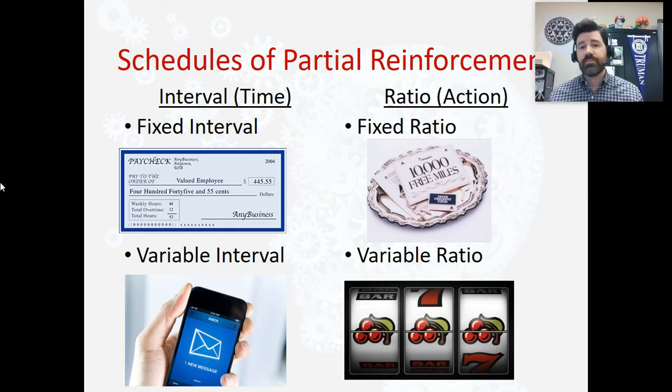If it's random, if it's 3 actions one time and then 20 actions the second time, that's what we call a variable. And then if you put these two components together, the interval or ratio, and then the fixed or variable, it gives us our 4 schedules, and it kind of creates this matrix, if you will.